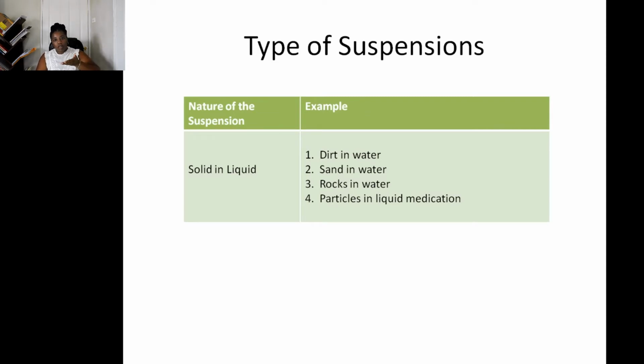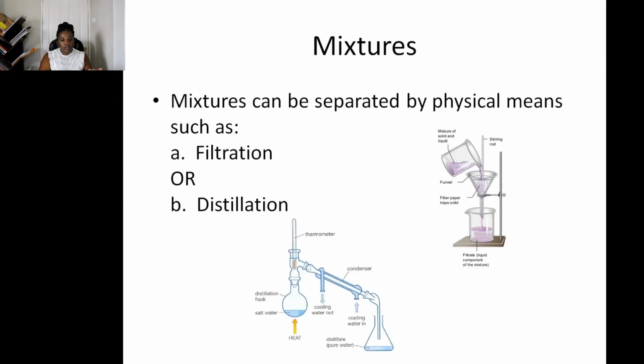Let's say you would have the solid on top and your liquid underneath, as you can see in this picture right here. You will have your filter paper, and on this filter paper will be the solid particles, and the filter paper would stop the solid particles from entering the filtrate here, which would be the liquid part of your mixture.